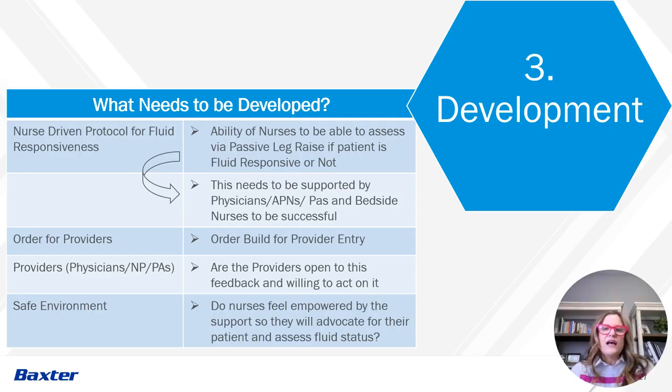The question would be, are the providers open to this feedback and willing to act on it? I think it's important that we're all on the same page. And then there needs to be a safe environment. Do nurses feel empowered by the support so they will advocate for their patients and assess fluid status?